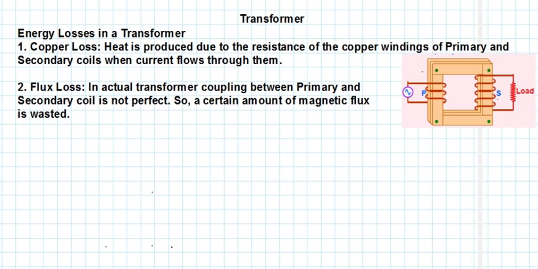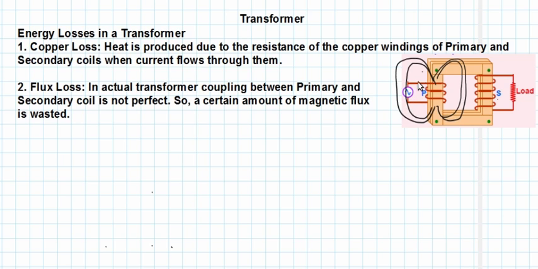Then the second one is flux loss. In an actual transformer, coupling between primary and secondary coil is not perfect. So a certain amount of magnetic flux is wasted. So we know that in the functioning of this transformer, there is a source of AC for the primary.